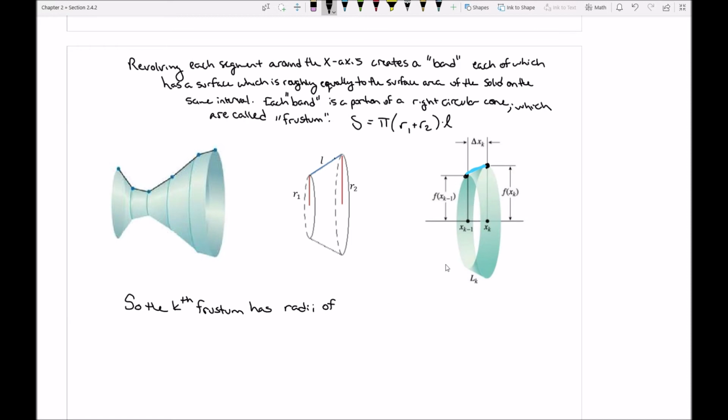If I look at this picture, I can spot that the radius for the circle that's listed here is just given by the distance from my x-axis up to this point, which is exactly this y value. So there's a radius here of f of x sub k minus 1, that's my small radius, and my big radius occurs on the other side with a distance of f of x sub k.